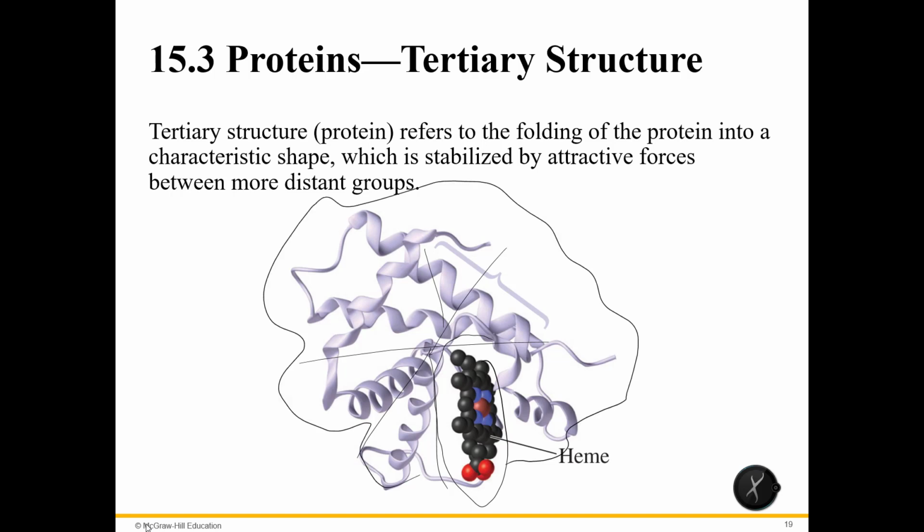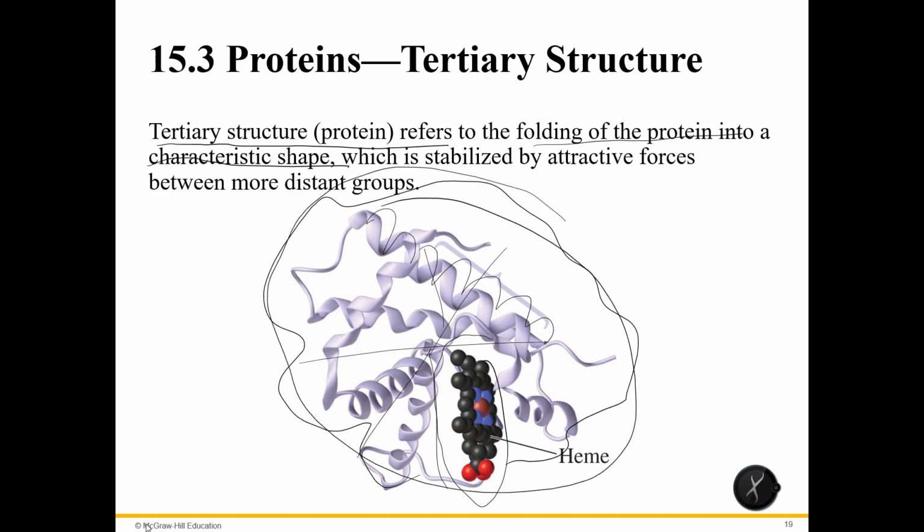That's called the tertiary structure. And it refers to the folding of the protein into its characteristic shape. So there's the curlicue. That's the secondary structure. But when we take the whole thing into account, what's the overall three-dimensional shape of the protein? Then we're talking about the tertiary structure.